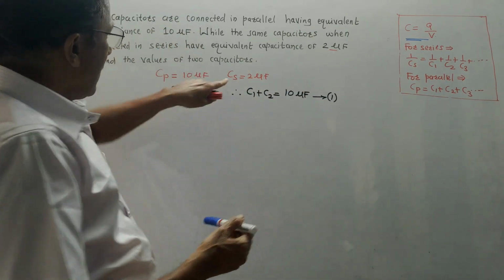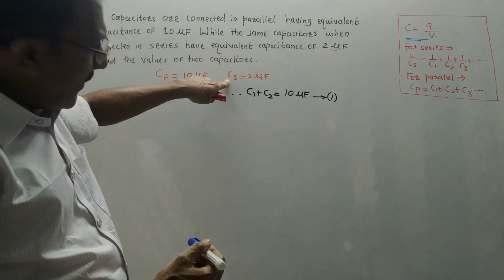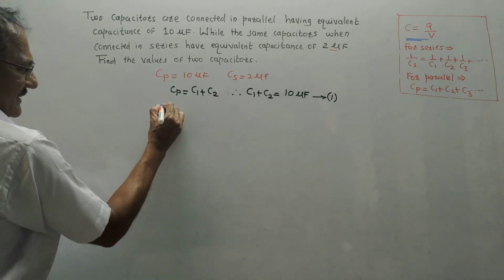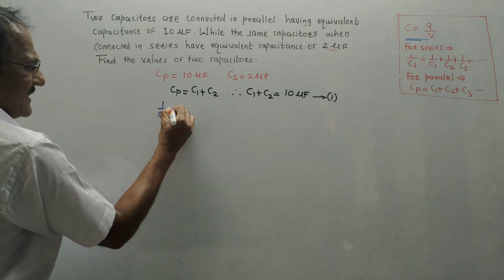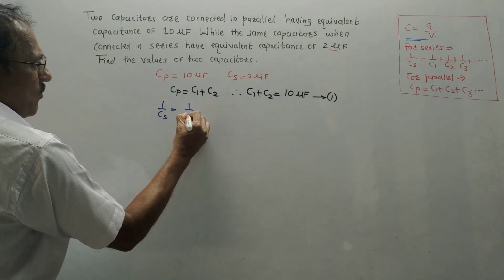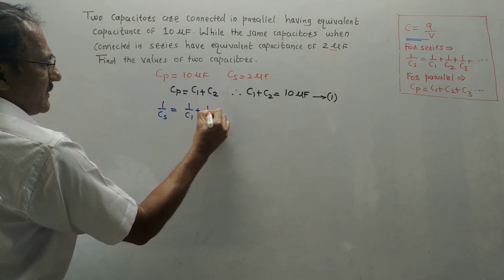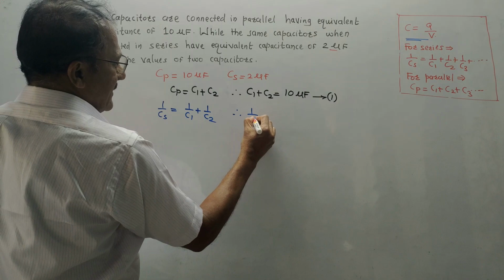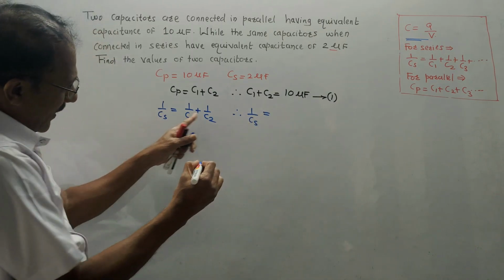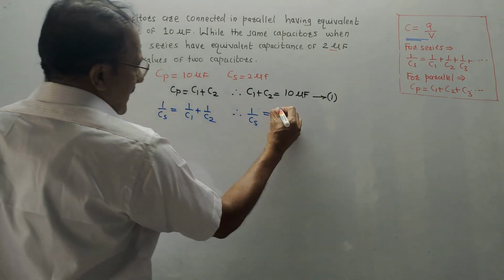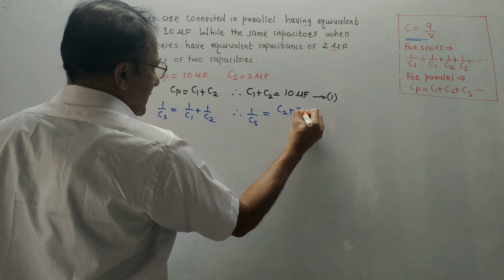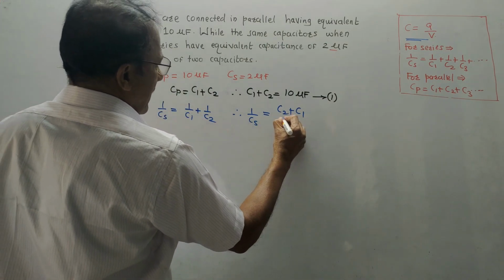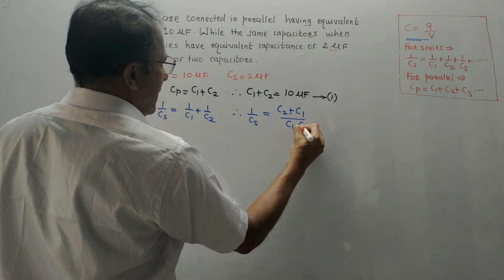How to do it? Series connection value is also given. So I will be writing this formula for two capacitors. It is written like this: 1 by Cs is equals to 1 by C1 plus 1 by C2. So this can be simplified as 1 by Cs is equals to, if I will take the LCM, then it becomes C2 plus C1 upon C1 into C2.